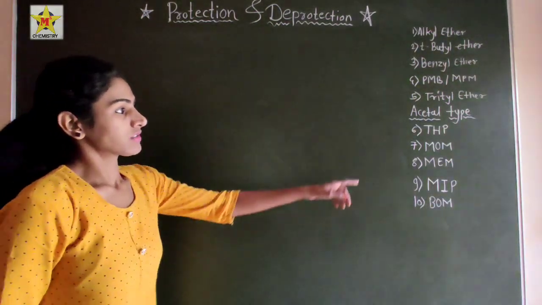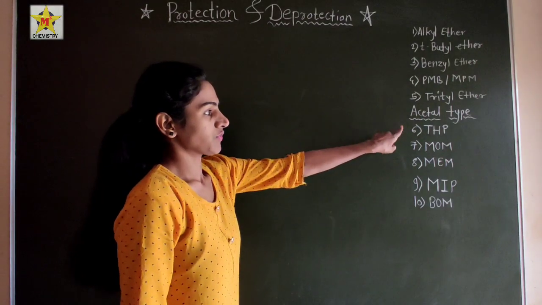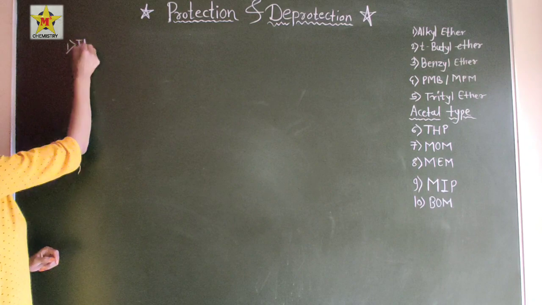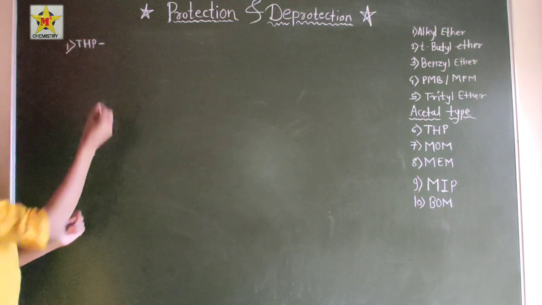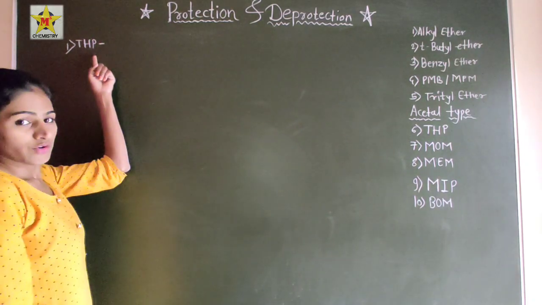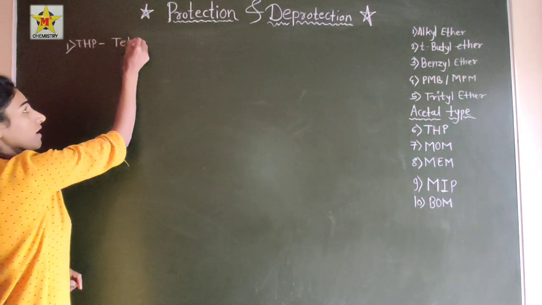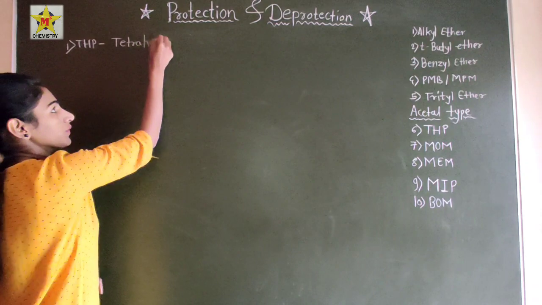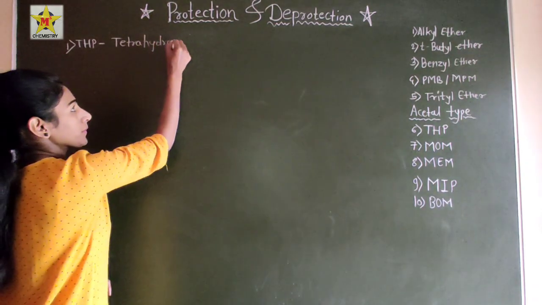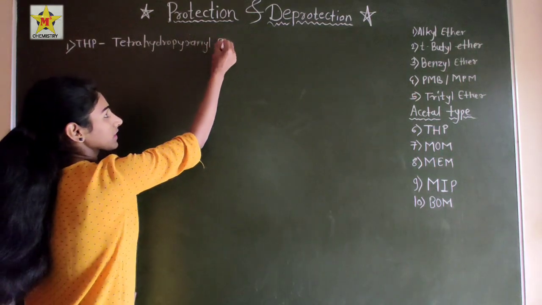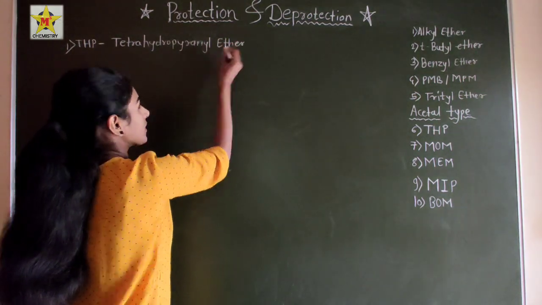So first acetal type of protection, first protection is THP. THP means tetrahydropyranyl ether protection.